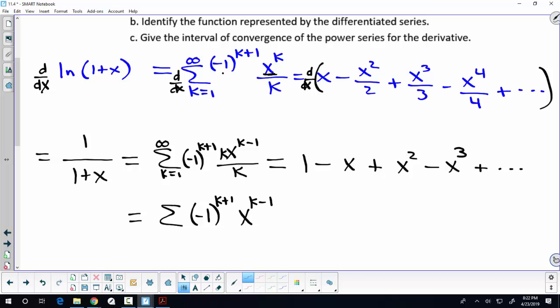The index does matter, in the sense that we want to get these terms: 1 minus x plus x squared minus x cubed, etc. So they do have a slightly different representation from the table. It's just because we're going to shift this. We add 1, so it's x to the k, which means we subtract 1 from the index. So we start at 0 here. But this is okay, it's the same thing that we started with. K equals 1.